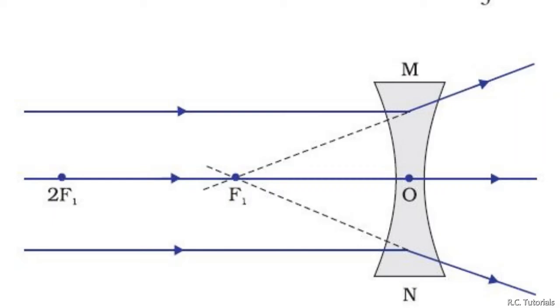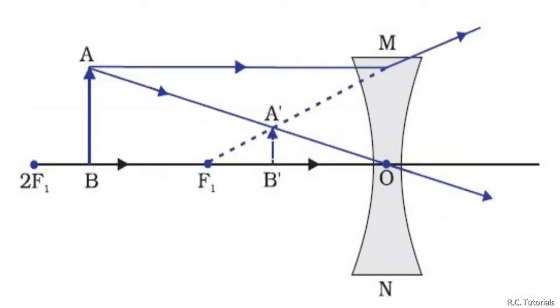The diverged rays will appear to meet at the focus in the front side of the lens by forming a virtual and erect image, and the size of the image will be point size, that is very small size.